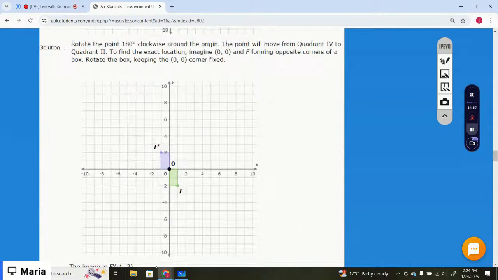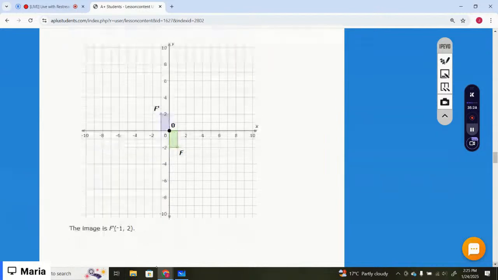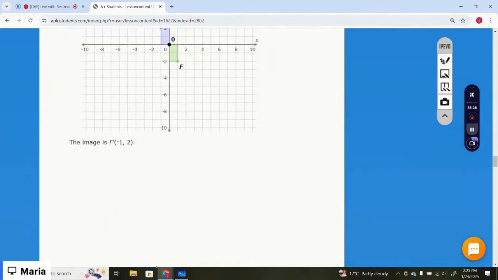So it would be now -1 and 2. The new coordinates are -1 and 2. That is -1 and 2. Got it?